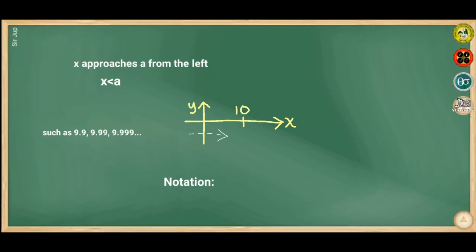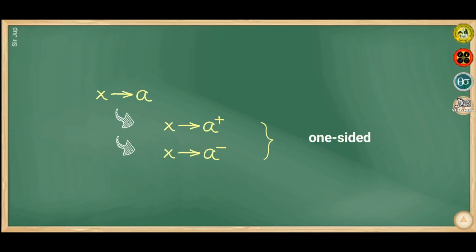So yung notation nito ay ito, may minus sign sa gilid ng 10. Therefore, we say x approaches a, it means x approaches to a from the right and x approaches to a from the left. Ang tawag sa ganitong limits ay one-sided limits.